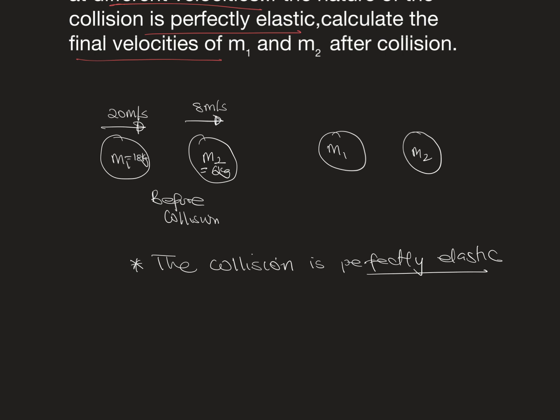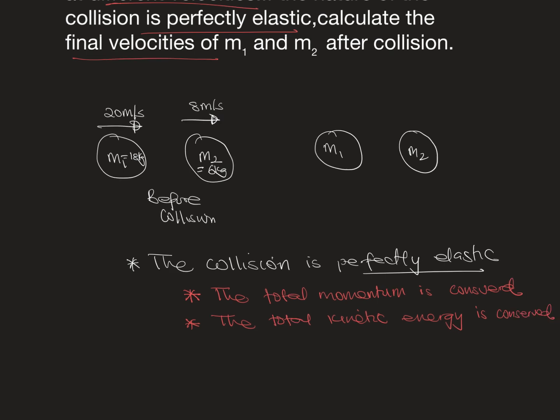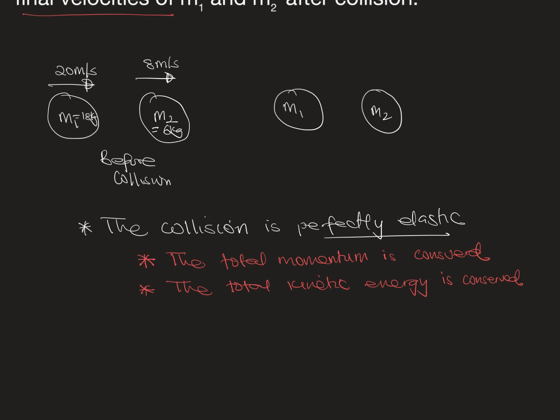So for a perfectly elastic collision, the features are the total momentum is conserved and also the total kinetic energy is conserved. Total momentum is conserved means the total momentum before collision is equal to the total momentum after collision. Total kinetic energy is conserved means the total kinetic energy before collision is equal to the total kinetic energy after collision.